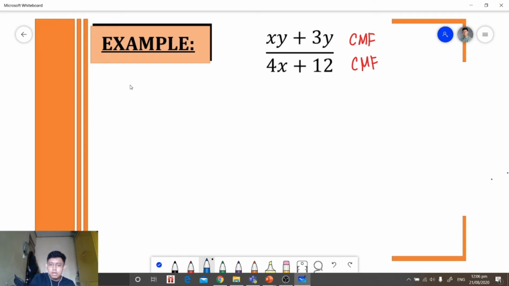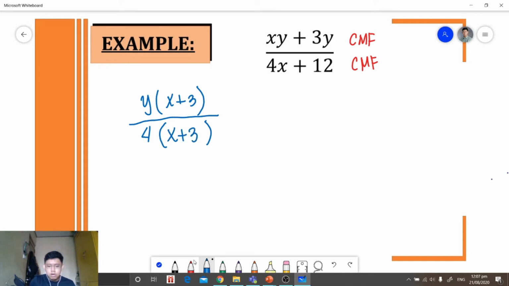For the numerator, our greatest common factor is y. Then our other factor is x plus 3. Over our denominator, let's apply common monomial factoring. So our greatest common factor for the denominator is 4, and the other factor will be x plus 3.